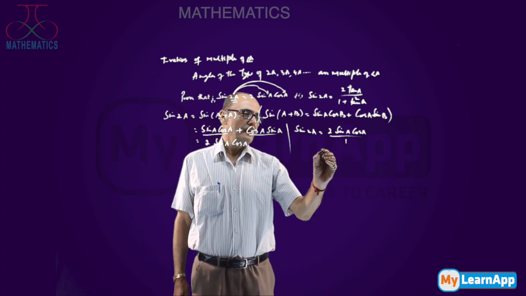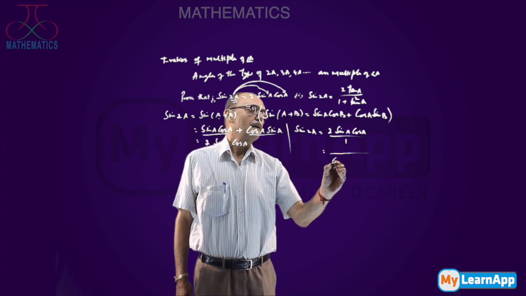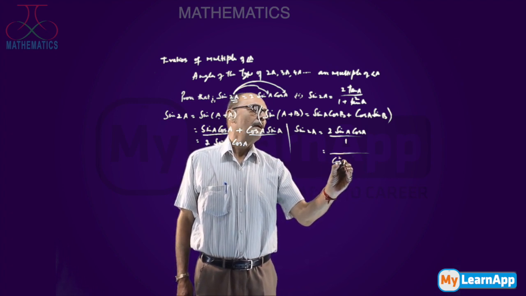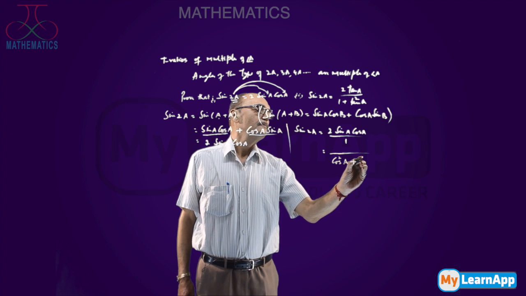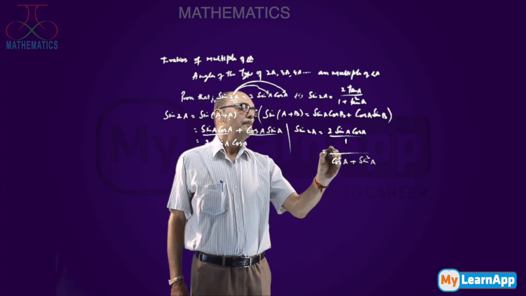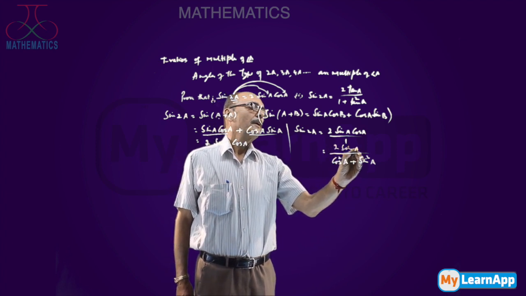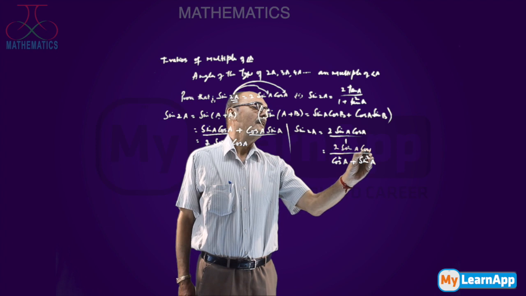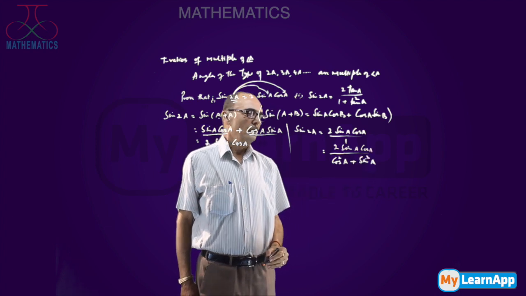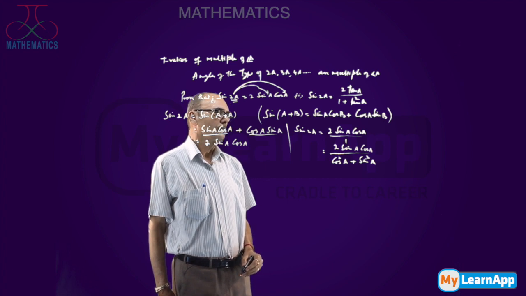Replace this 1 in the denominator by cos square A plus sin square A. Numerator remains the same, 2 sin of A cos of A. Now, to have tan, we should have sin over cos.